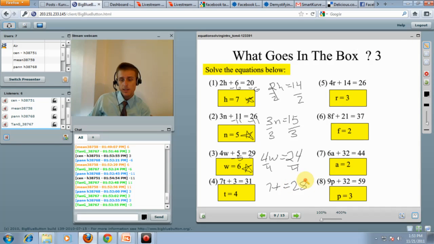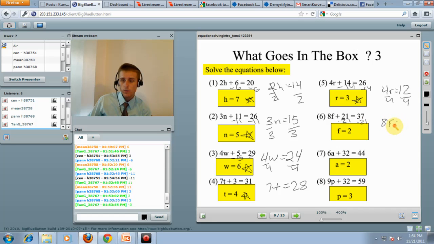So 7t equals 28. T equals 4. Number 5, the same thing. The first thing we do is subtract 14 from each side, giving us 4r equals 12. Divide each side by 4. R equals 3.